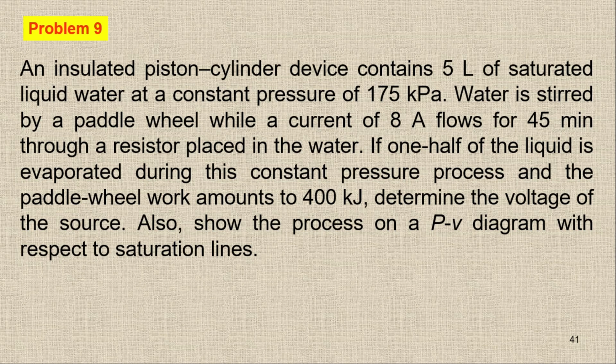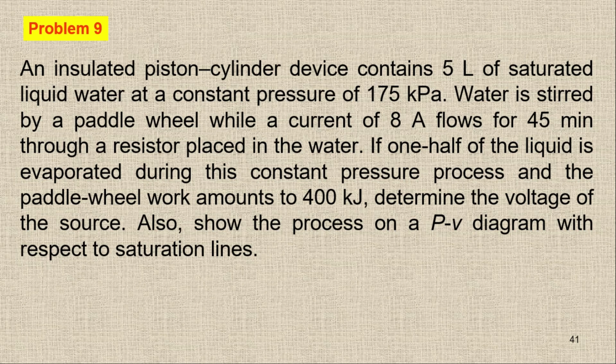Now, if one half of the liquid is evaporated during this constant pressure process, and the paddle wheel work amounts to 400 kilojoule, determine the voltage of this source. There is no Q. The paddle work is equal to 400 kilojoule.